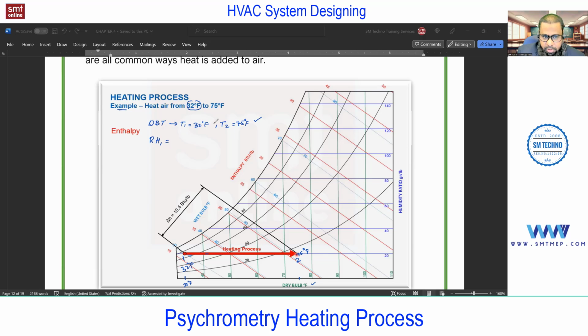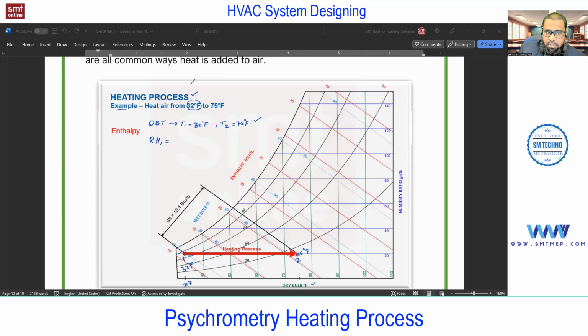Yes, sir, the first point. Don't come to a conclusion yet. Let me complete these points, then you'll get the clear picture. At this level, we are talking about the heating process, only heating. When you increase the temperature by adding heat, we'll verify what effect it has on the other properties of air. That is our aim, so that you can understand how a change in one property will affect the other properties of air.